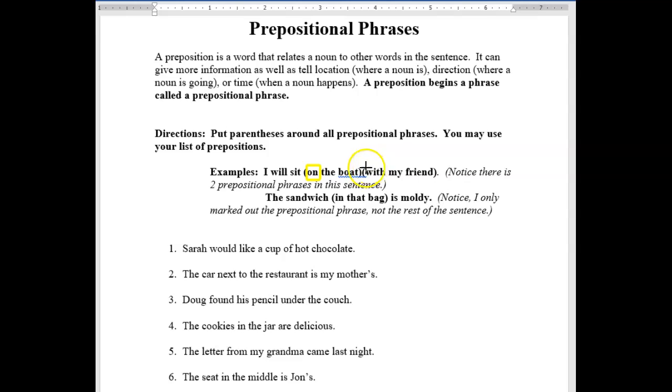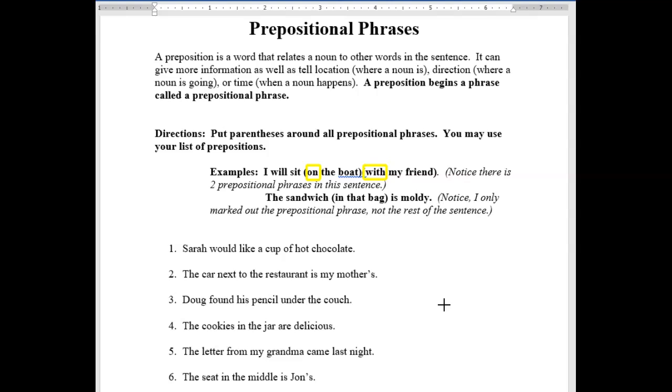The second preposition is the word with. And I put parentheses around with my friend. I will sit where? On the boat. With who? With my friend. So if you look on your list, you'll find the word on.